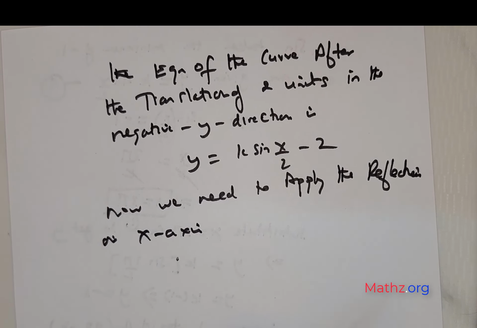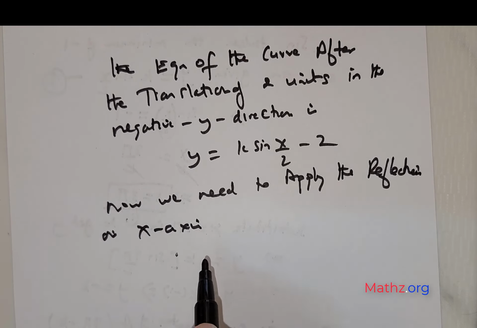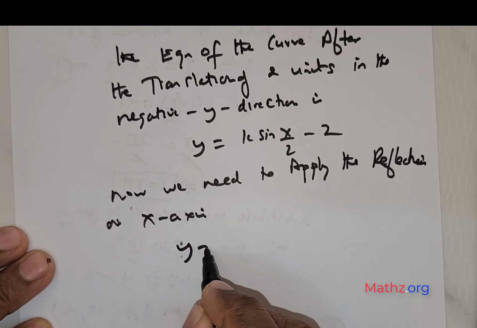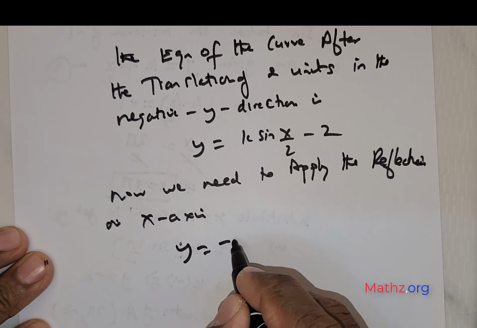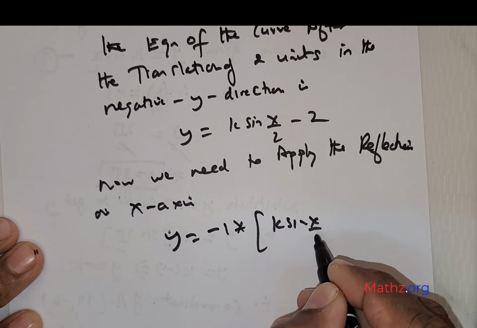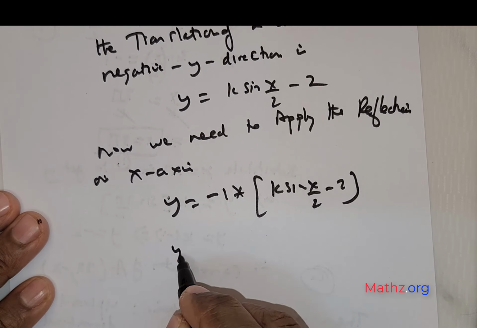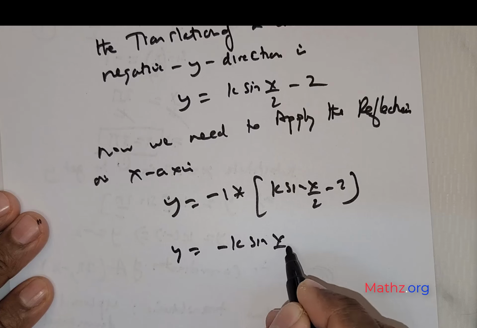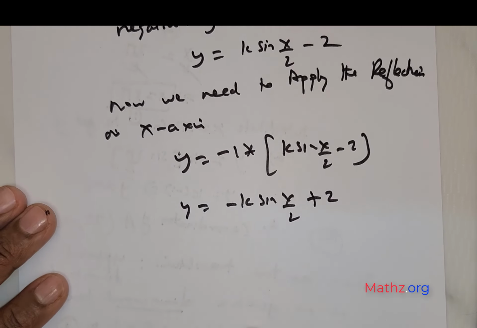Now you have to know there are 2 types of reflection. So this is reflection on the x-axis, or you can state it as in the x-axis. So that means you are multiplying by negative 1 the equation k times sin x over 2 minus 2. So this would give me negative k times sin x over 2 plus 2.